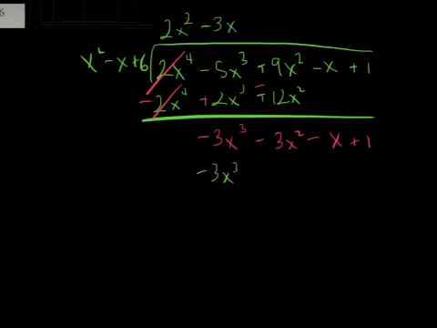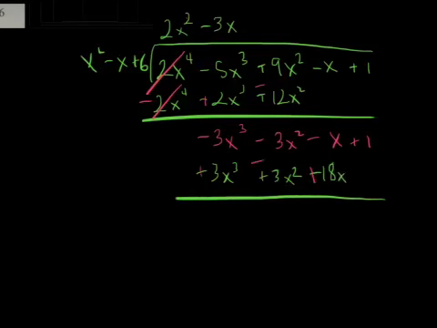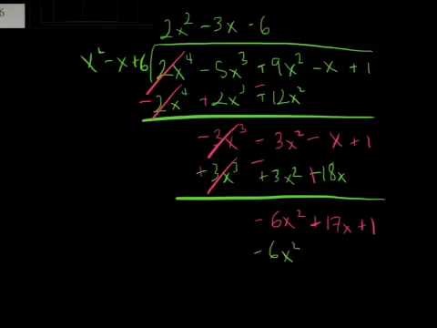So x squared goes into negative 3x cubed, negative 3x times, multiply it out, we get negative 3x cubed plus 3x squared minus 18x. Subtract it out, change our signs, cancel those first terms, we get negative 6x squared plus 17x plus 1. x squared will go into negative 6x squared, negative 6 times, negative 6x squared plus 6x minus 36, subtract out, negative, positive.